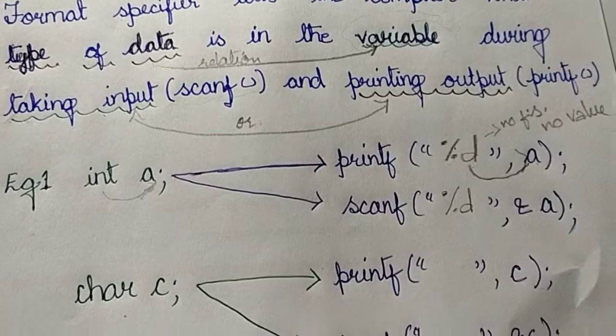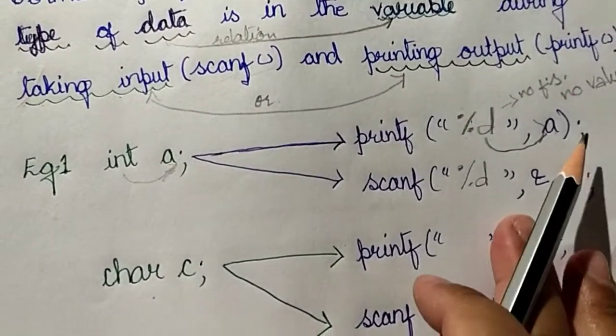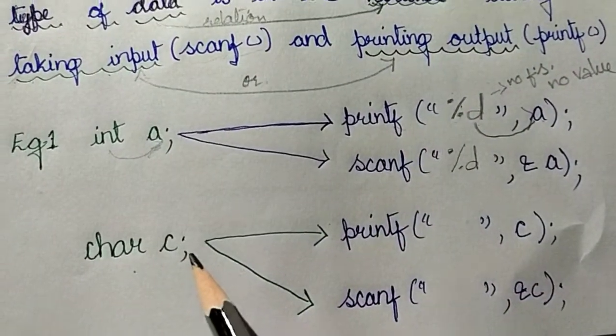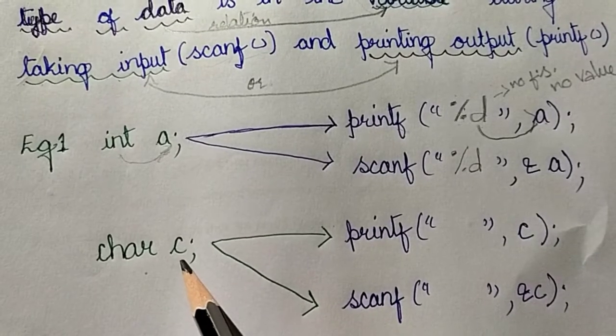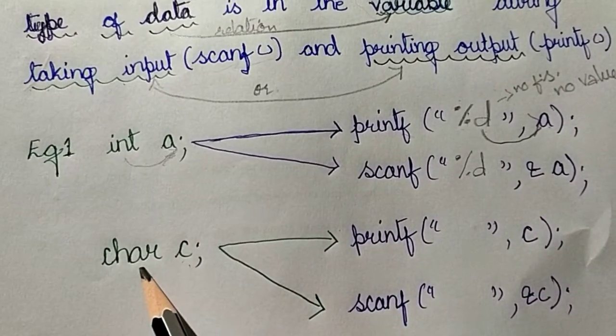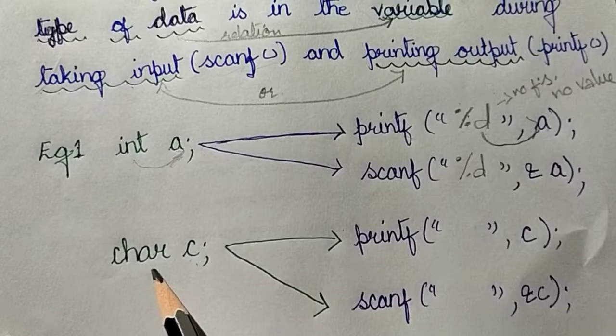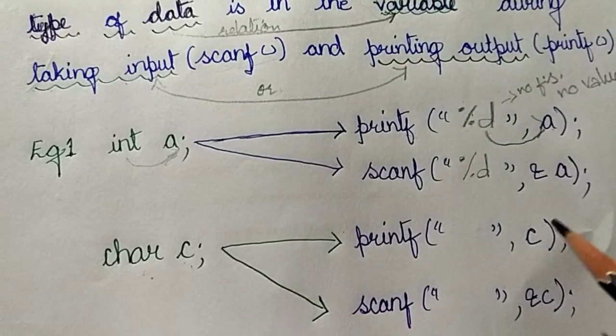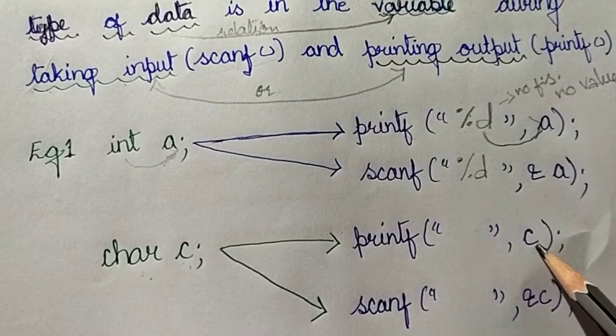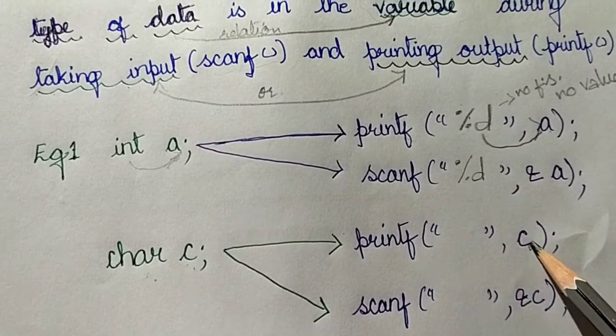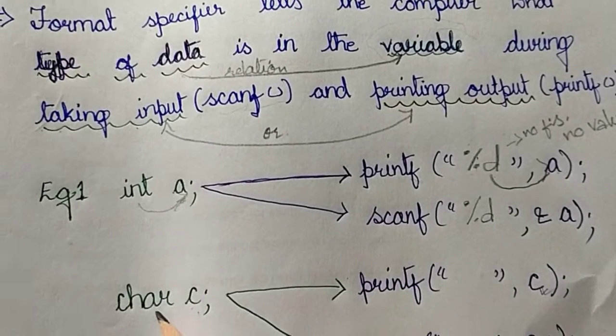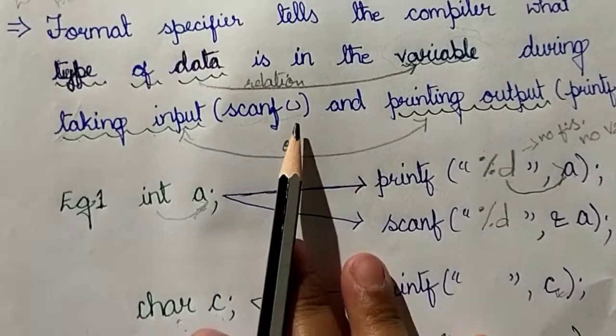So again, the next example I show. Let's say you have the variable c, and in this c you want to input character data. So how will you print the character data? You have to specify that this variable c has the char data, or character data.